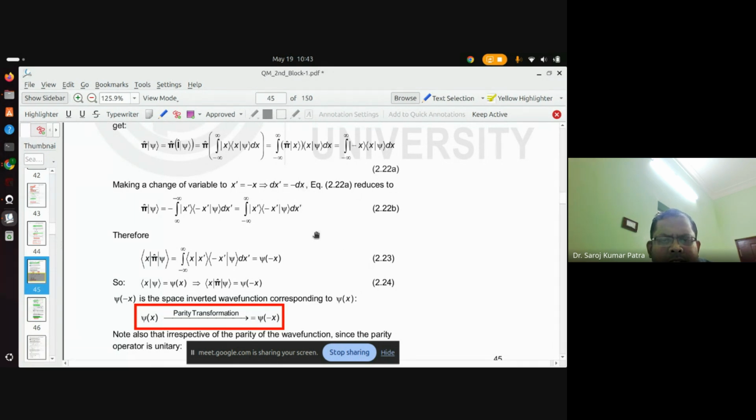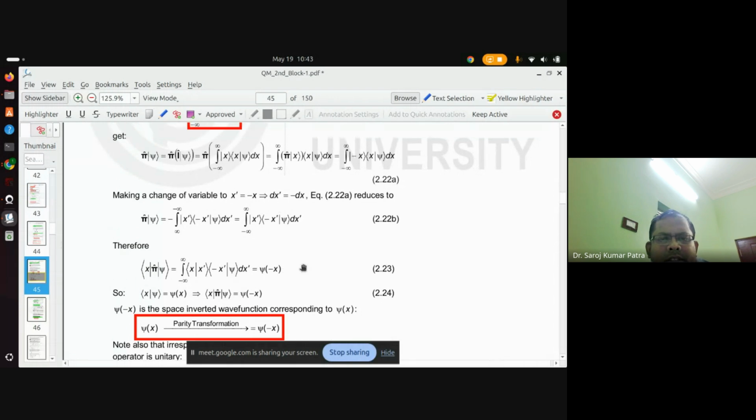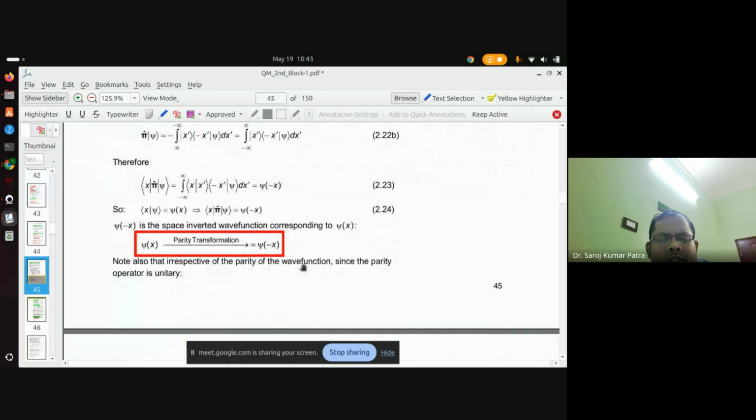Almost all steps are written in the material, but the idea is what the parity operator is and what it does to the different operators we have, like position, momentum, angular momentum, and what the parity operator does to the state vector or the wave function.